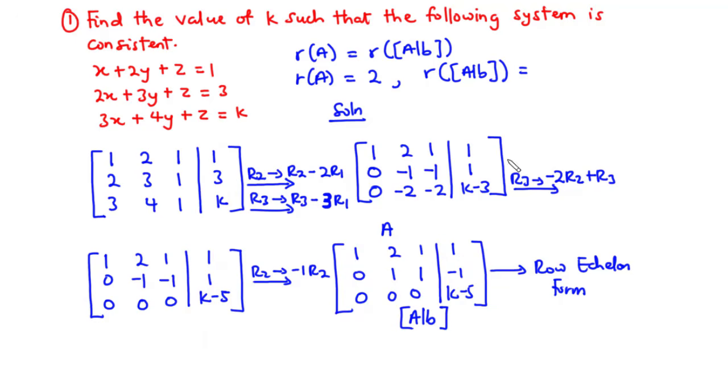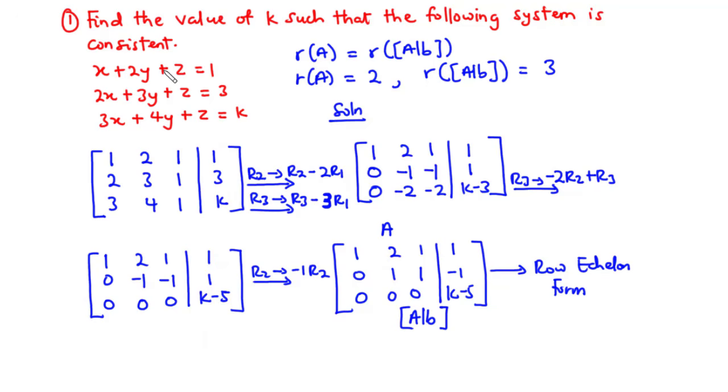So the rank of the augmented matrix is 3. Notice that for the system to be consistent, the rank of A should be equal to the rank of AB. However, we have the rank of A to be 2 and the rank of AB to be 3, which means that the system is inconsistent.